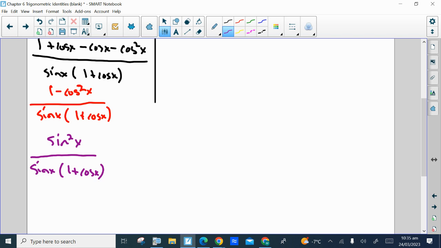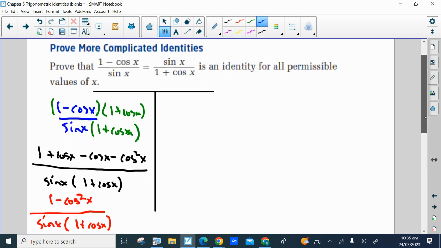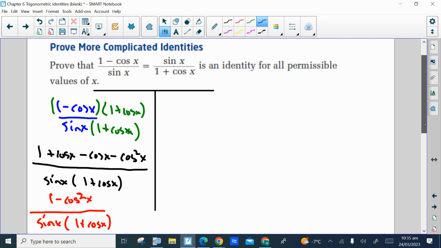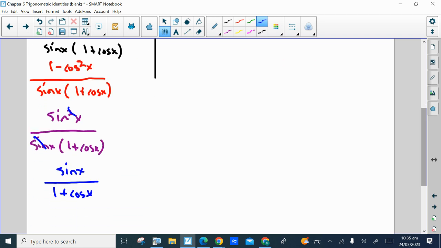And now we have a single term on top and two factors on the bottom. We can divide top and bottom by a factor of sine x, and you're left with sine x on top, 1 plus cos x on the bottom, which is what the right side was.